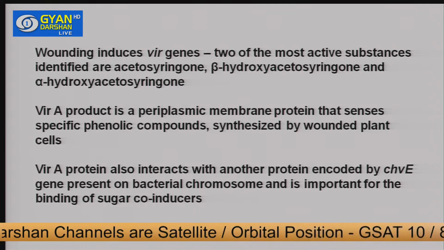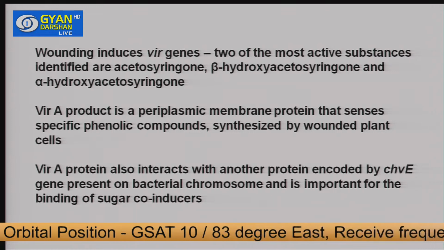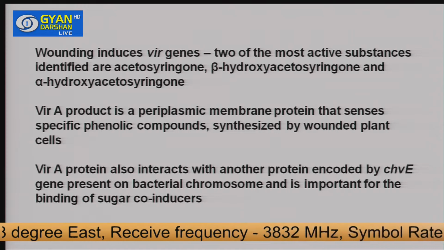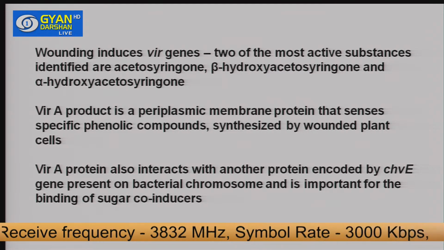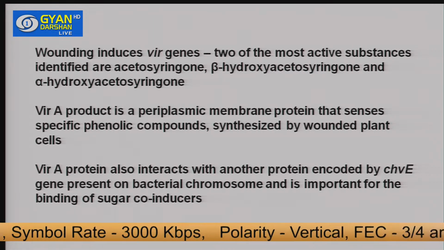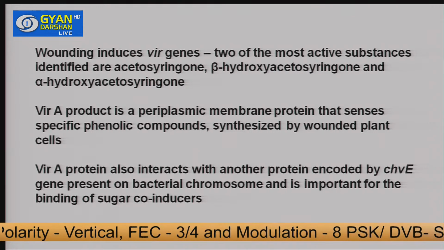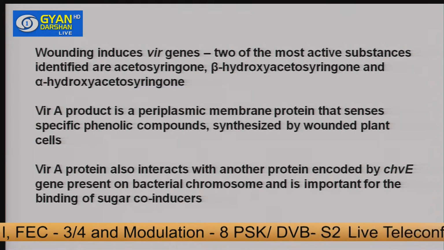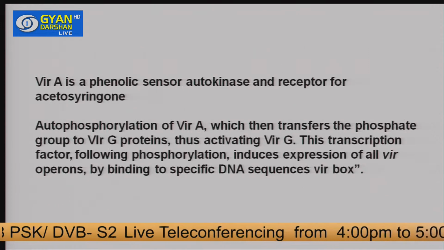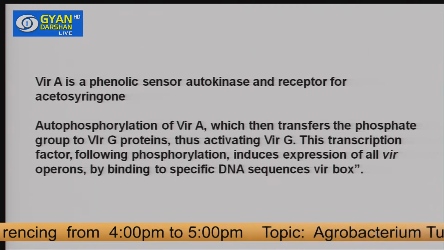Because in response to these signaling molecules, from the soil it will go to the wounded site, because wounding induces the virulence genes, and two of the most active substances are identified. VirA is a product of the periplasmic membrane protein that senses these phenolic components. So they are phenolic sensors, and in response to that, Agrobacterium mobilizes, it moves, or it undergoes chemotactic movement. VirA is a phenolic sensor autokinase and is a receptor for acetosyringone.